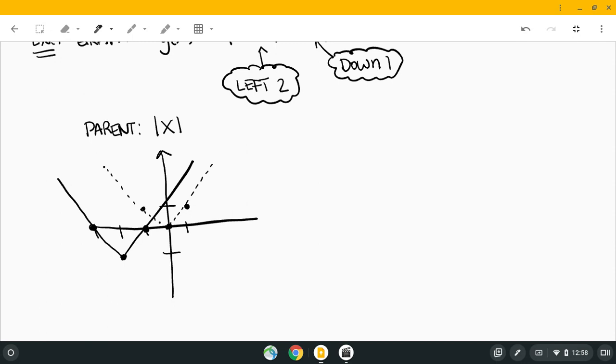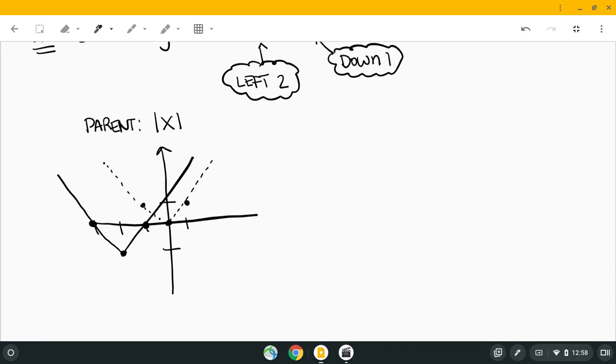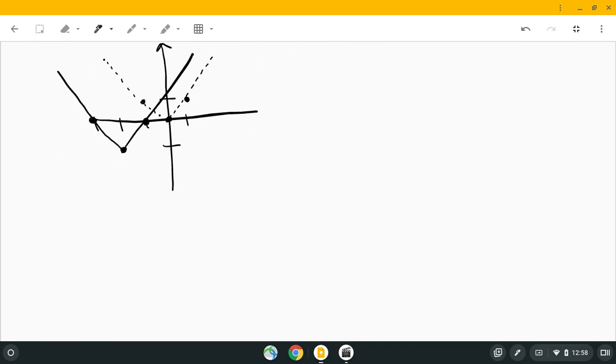Let's go ahead and take a look at reflecting graphs. So reflecting graphs is kind of flipping them over the x-axis or flipping them over the y-axis.